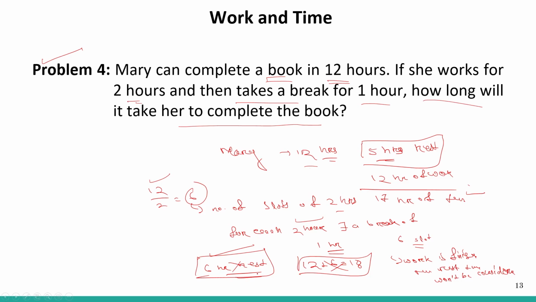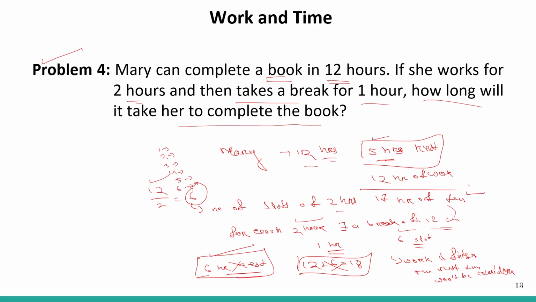But here is the tricky part. Okay, after doing the 6th slot, she will take the rest, but after doing the 6th slot 12 hours of work are completed, so the job is done here. Okay, so the rest period won't be considered. So only 5 hours of rest, that is the rest after the first slot, then after the second slot, then after the third, then after the fourth, then after the fifth.